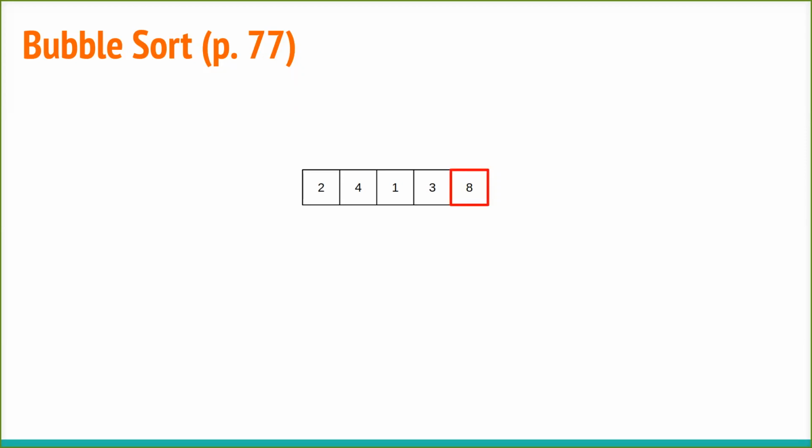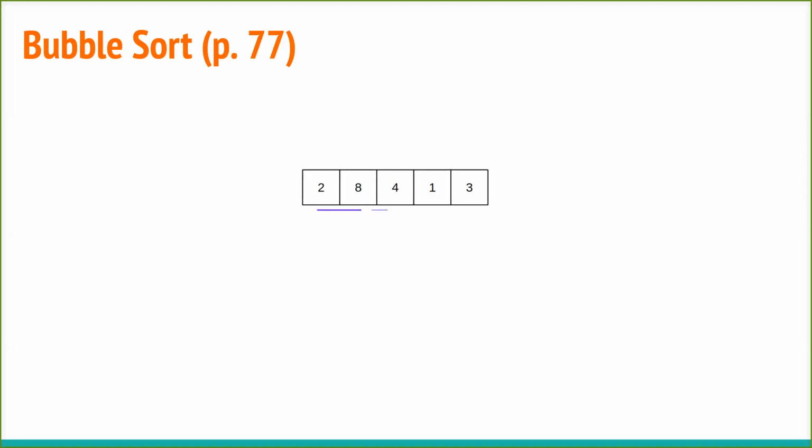So this is why it's called BubbleSort. Notice the 8 is in its correct space. The 8 is where it's supposed to be, right? The 8 is done. We've finished sorting 8. So what do I mean by that? When we finish sorting, we expect 8 to be in the last place because it's the largest number, right?